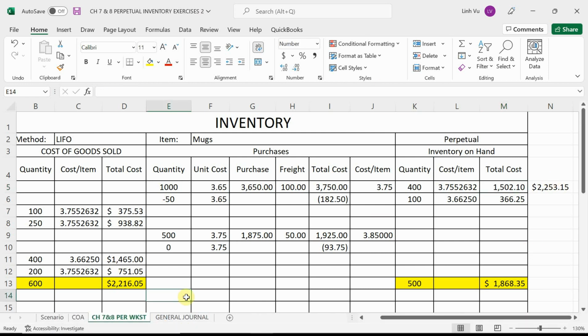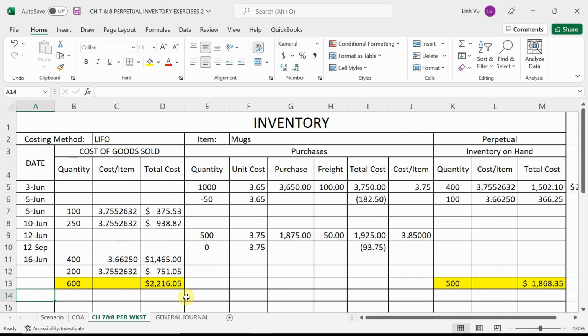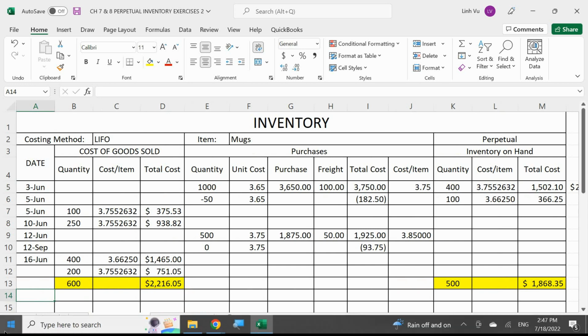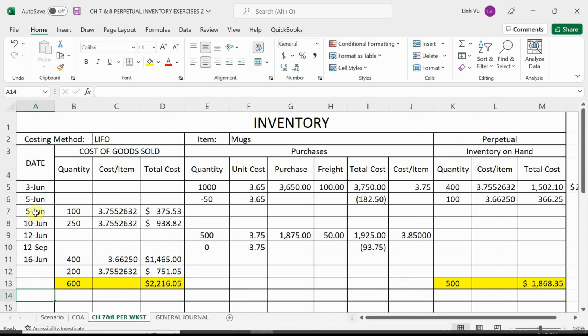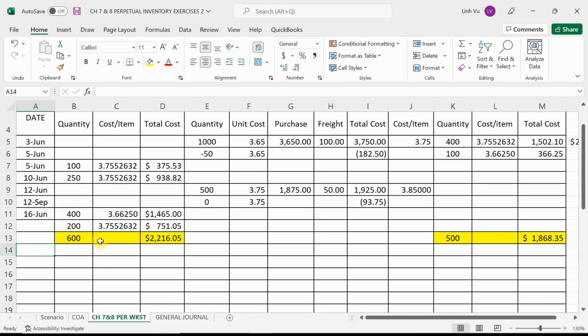But how much did it cost me to sell all 600 units? If 400 cost me $1,465 and the 200 cost me $751.05, I should have a grand total of $2,216.05 that it cost me to sell those 600 units.